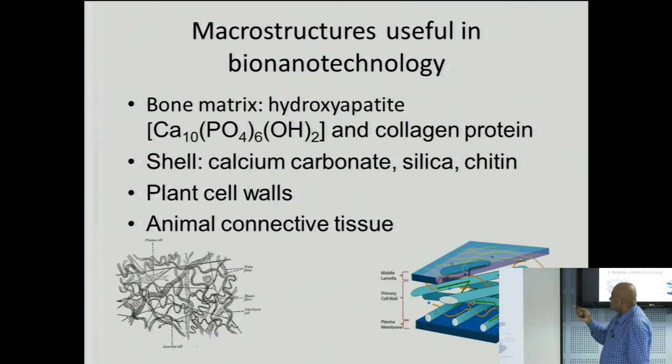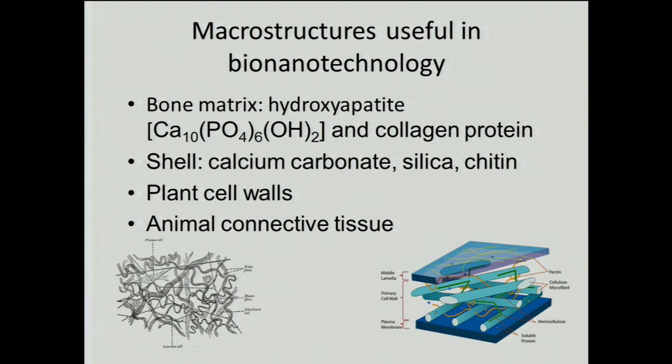We are trying to find nanotechnology in nature. For example, our human body has an amazing interface: if you look at the bone and the skin, they have two diametrically opposite properties.